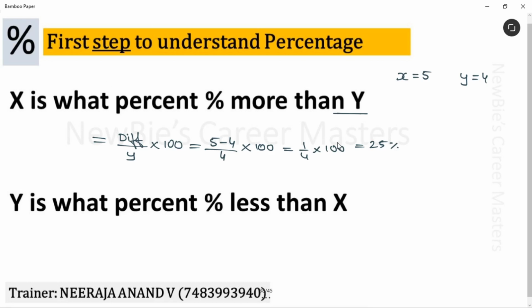In the previous pattern we got X is 125% of Y. Meaning is X is 25% more than Y. That's it. Am I clear? Whatever the extra value is there excluding 100, that is the answer for this question. There we got 125%. Here we are getting 25%. That simple it is. Okay.